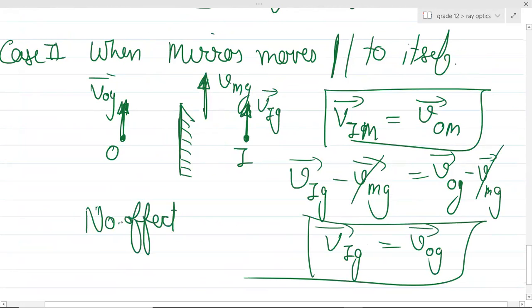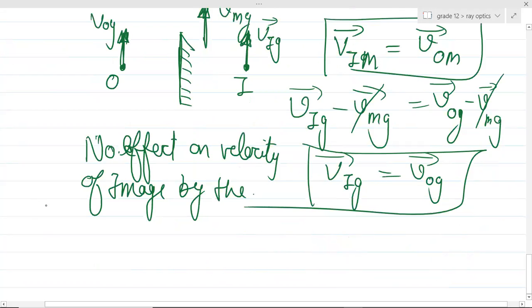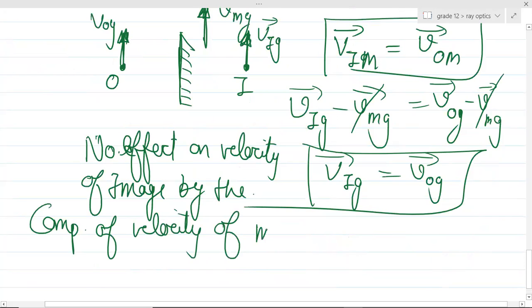No effect on velocity of image by the component of velocity of mirror which is parallel to its surface.